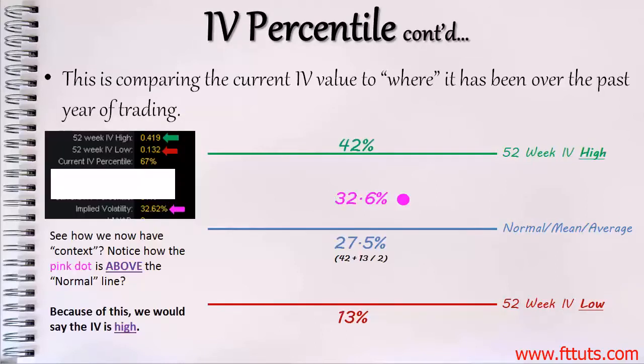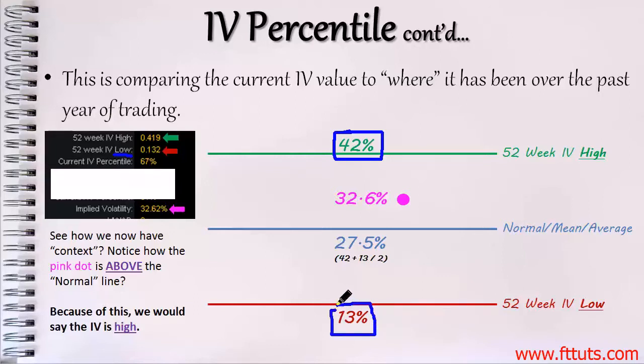Let's apply an actual example here. This is some data that has been taken for a ticker symbol, and let's just break it down. The 52-week high of the IV, so the implied volatility on the high end, was 42%. Got that up here at the top of our range, 42%. The 52-week low was at 13%.